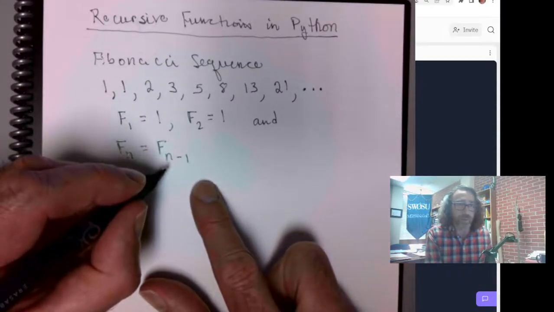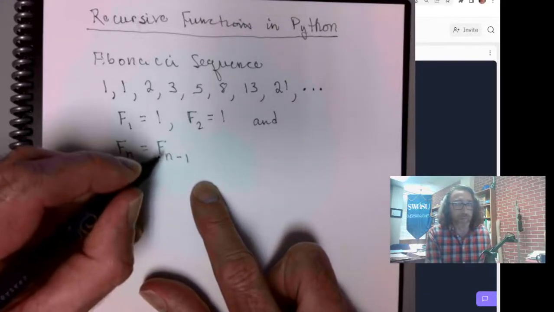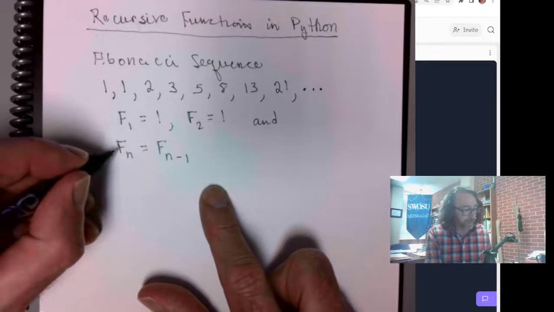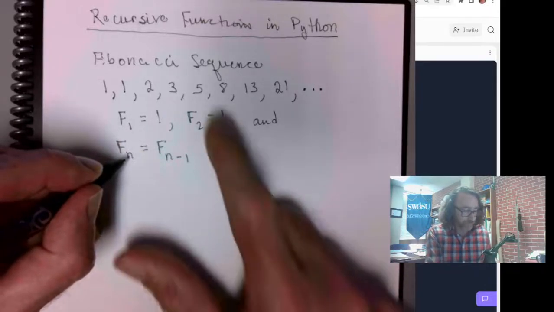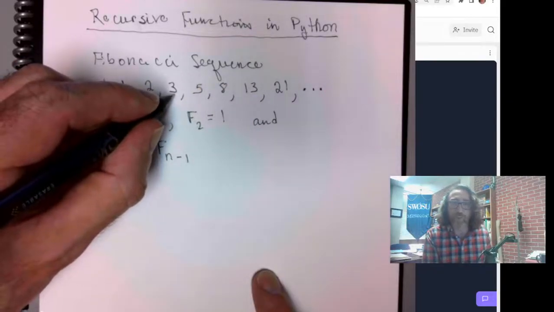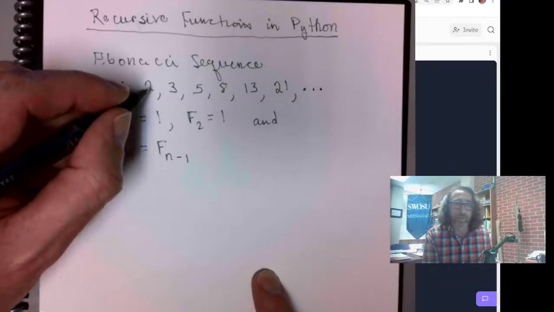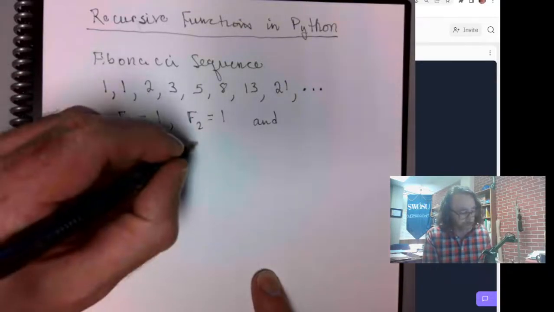Notice the minus 1 just applies to the subscript, not to the value of the term. So if you want to find F5, which is this right here, you take F4, the fourth term, plus F3, the third term. Take the values of those two, add them together.